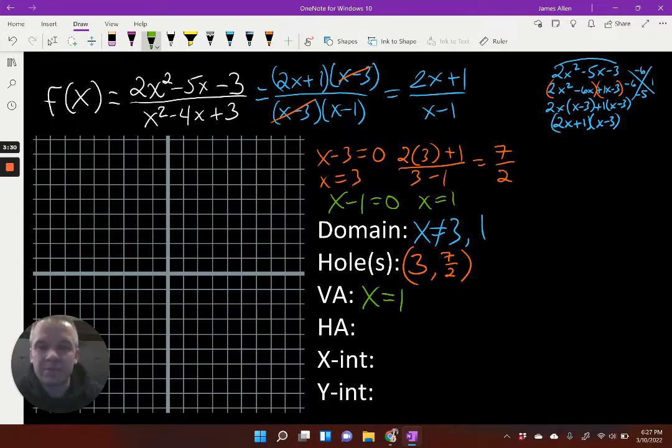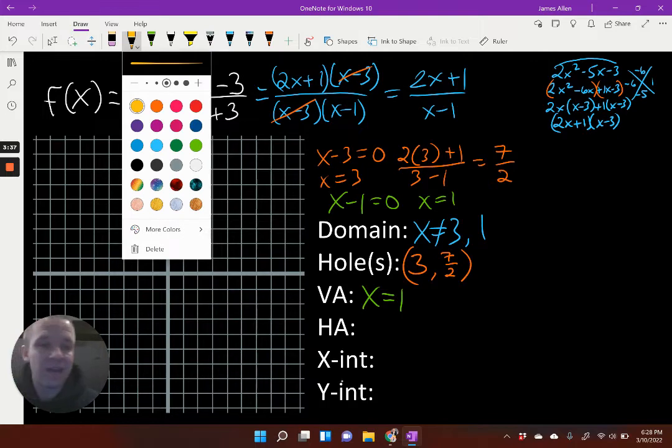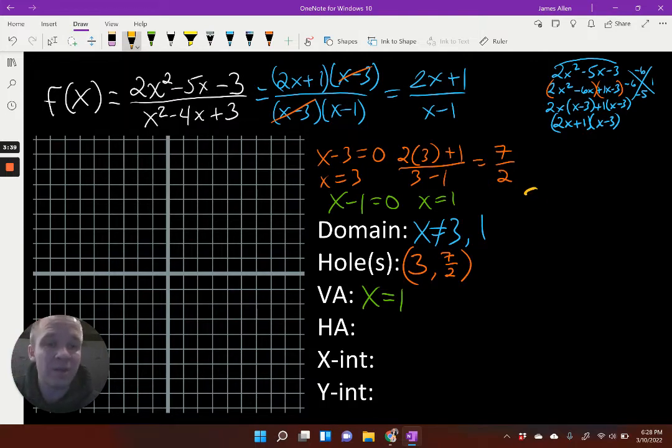How about horizontal asymptote? Well, this time we have a different rule. Our other rule for horizontal asymptote is that if the degree in the numerator is the same as the degree in the denominator, then I'm going to look at my coefficients.